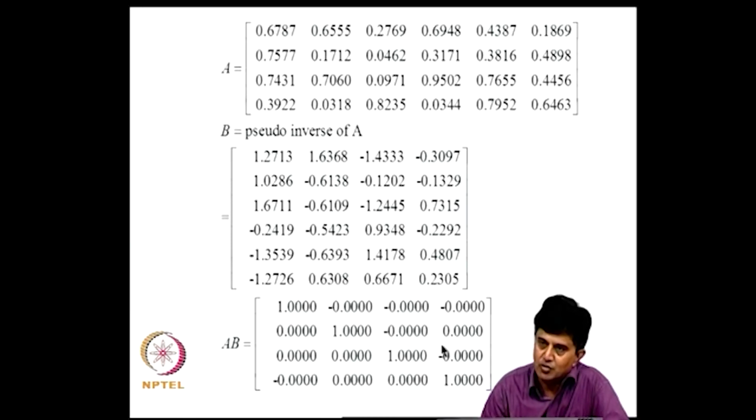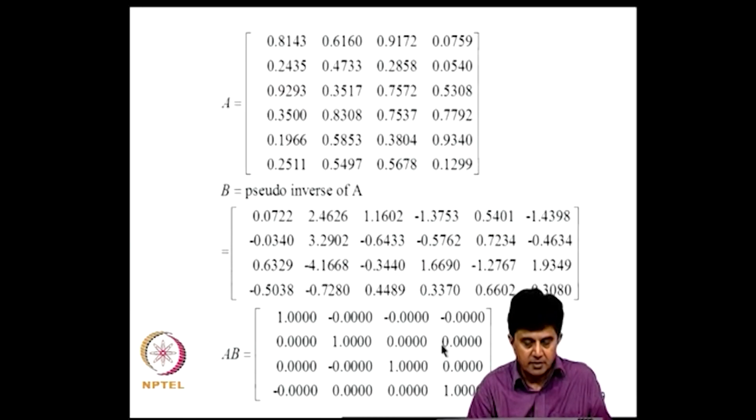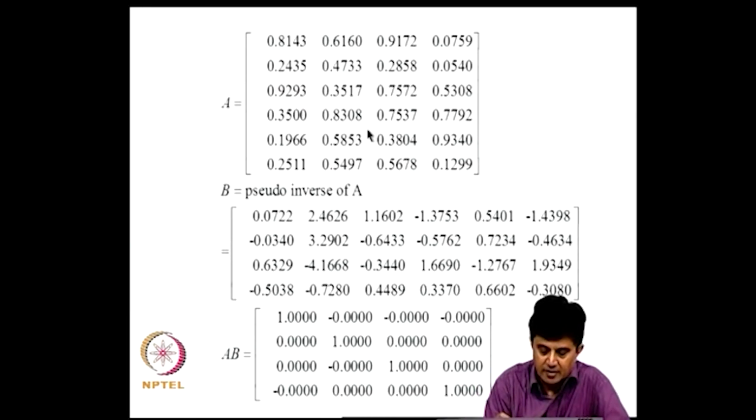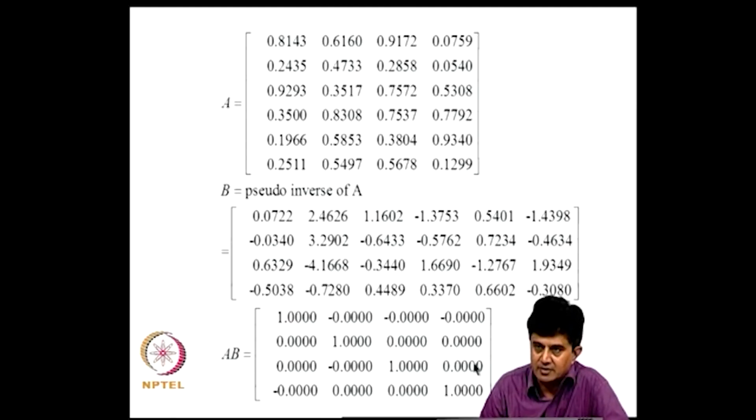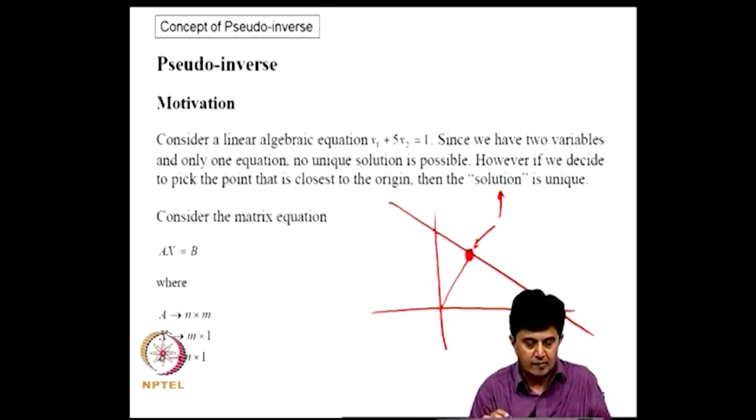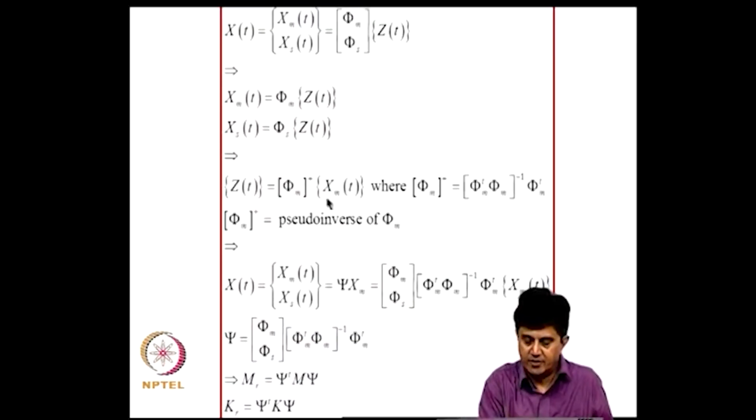That is why it is called a pseudo inverse. Now, if this is 6 cross 4 instead of 4 cross 6, the pseudo inverse will be 4 cross 6. So, AB in that case is again a diagonal matrix, okay. So, this is a notion of pseudo inverse that we are using in developing this SEREP transformation.